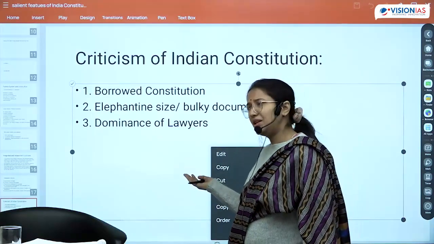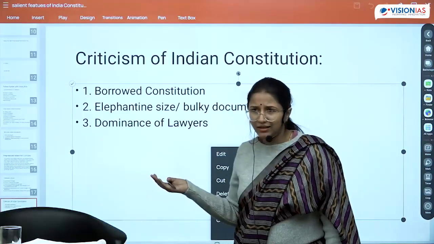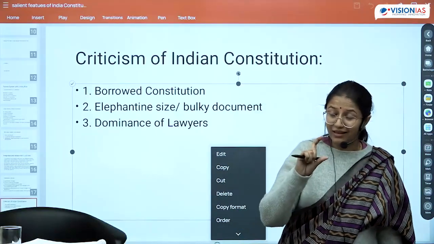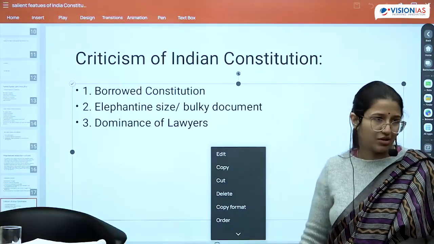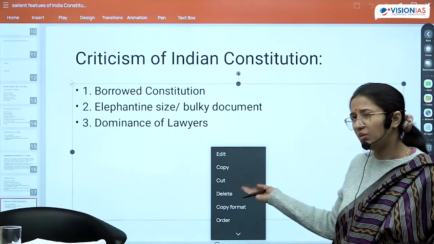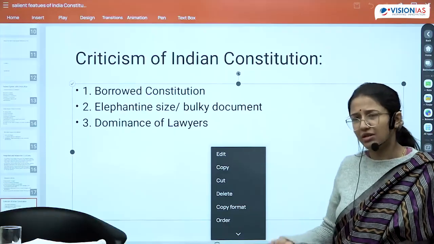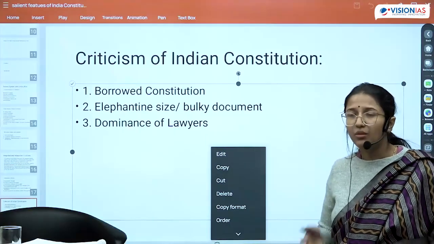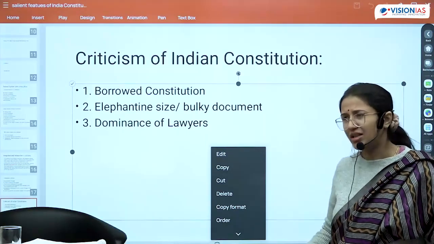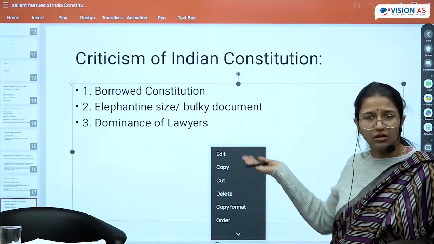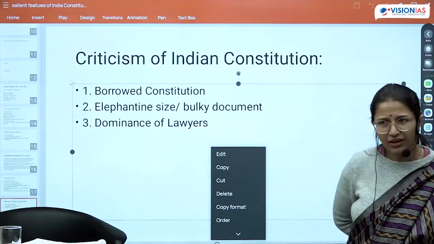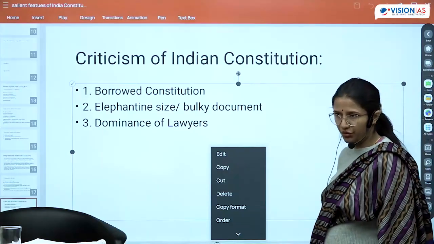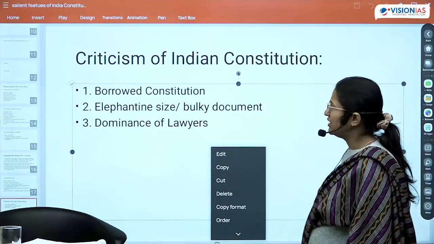They participated in public reason. They gave reasoned arguments and argued for the national interest. So yes, there was a dominance of lawyers, but that is how society was at that point in time. The majority of those who were educated chose the profession of being lawyers. They were educated in law more often than not. So that is the reason.